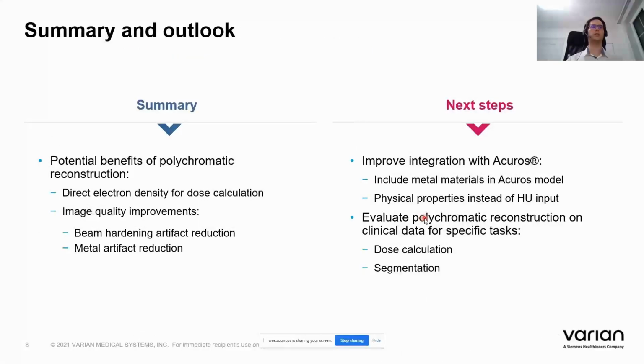To summarize, in this talk, I have shown you an experimental evaluation of a polychromatic CBCT reconstruction that we have implemented into our non-clinical research tool. And we have explored the potential benefits of applying an explicit spectral model for quantitative CBCT reconstruction.